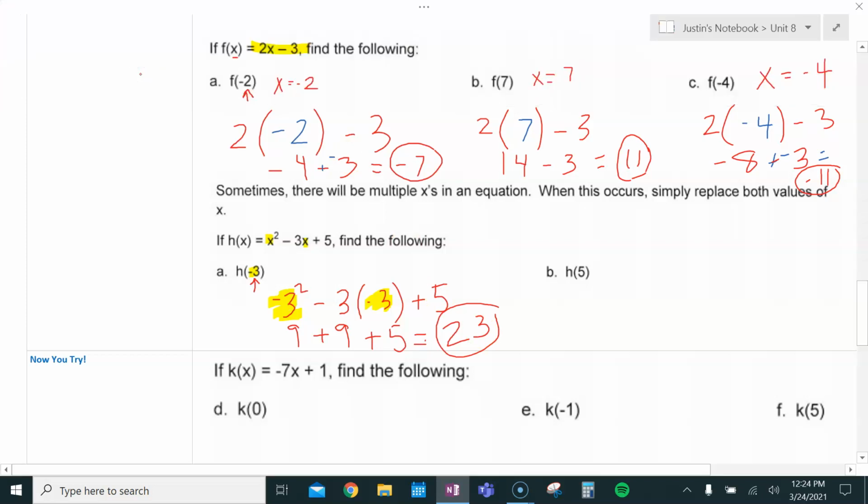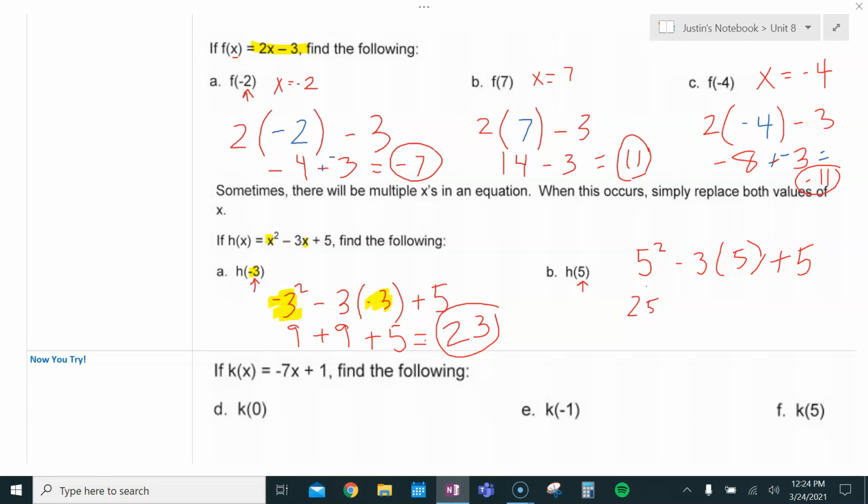Same idea for the second part. Now instead of plugging in the negative 3 for the x, our problem says that the x is actually 5. So take this, h of 5, and plug in 5 into all of the x's in the function. That's 5 to the second power minus 3 times 5, and then add 5 at the end. 5 to the second power is going to give you 25 because 5 times 5 is 25.